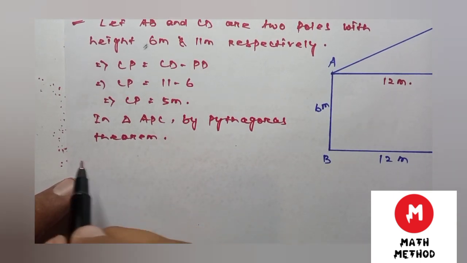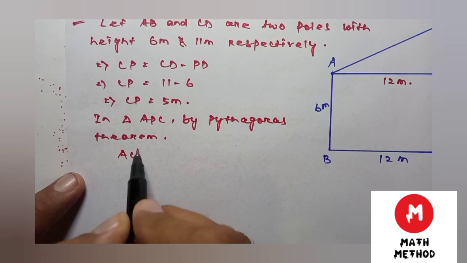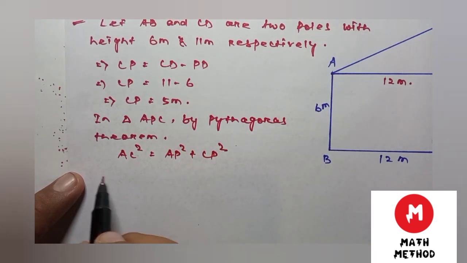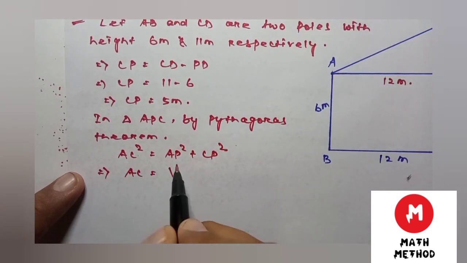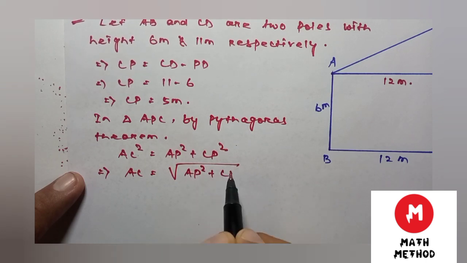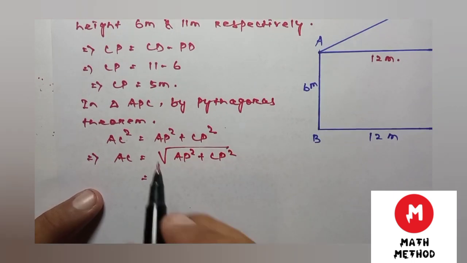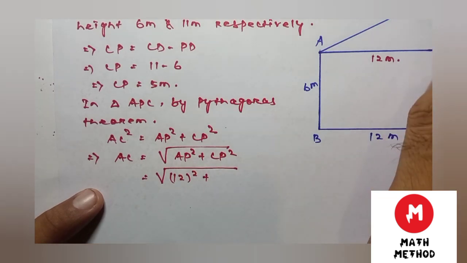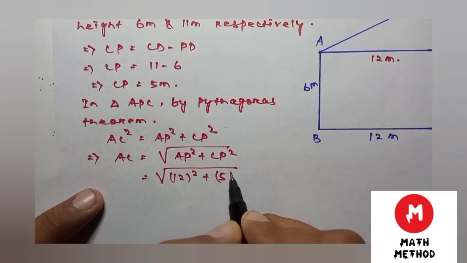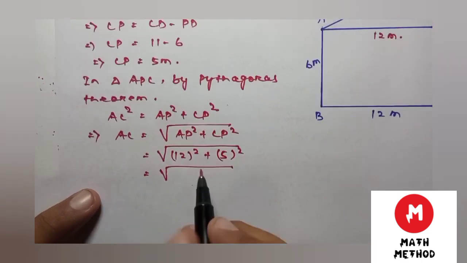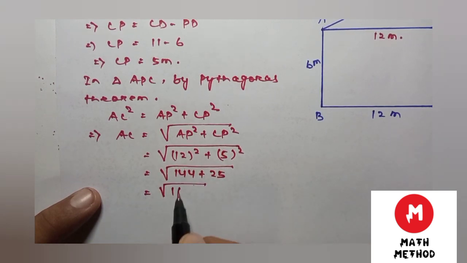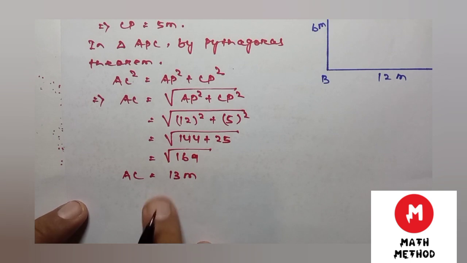So now we will get AC square is equal to AP square plus CP square, which implies AC is equal to root over AP square plus CP square, which is equal to root over 12 square plus 5 square, which is equal to root over 144 plus 25, which is equal to root over 169, which is equal to 13 meters. We get that AC is equal to 13 meters.